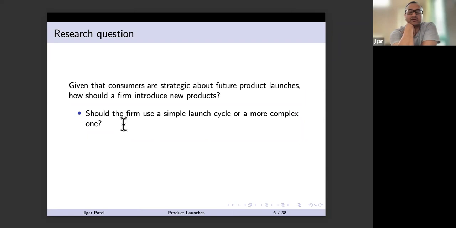If you bundle too little innovation, that's not optimal, because people would think that this product is similar to the last one and I don't need it, so I wouldn't buy it. On the other hand, if you have a lot of innovation bundled in the next product, you as a firm might think, well, I could have rather released 70% of this innovation and later kept 30% for the next launch.